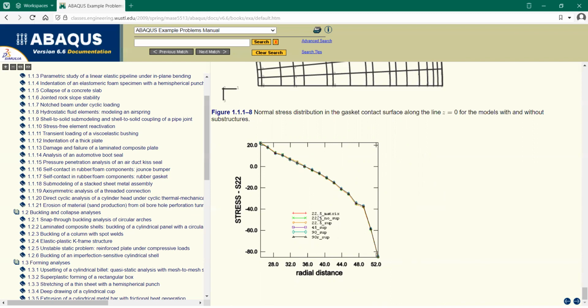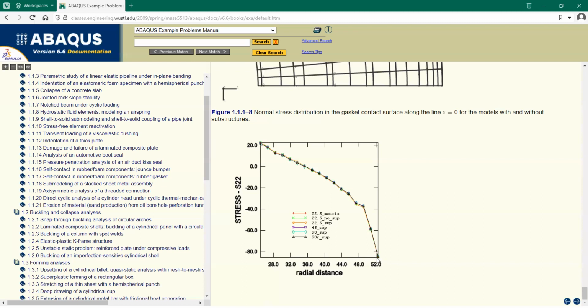So here you can use 22.5 matrix or 45 or 90. So what is happening over here? Why is it decreasing? Is it tensile at the inner side? And as you move towards the bore, it moves towards compression.